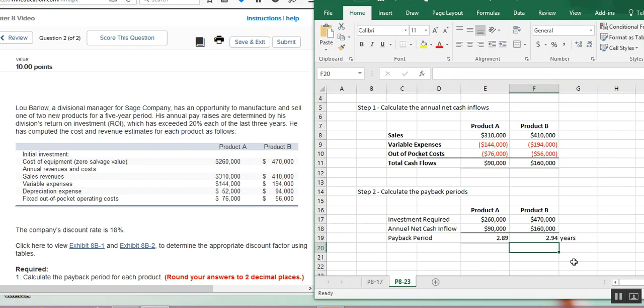So it's going to take almost 3 years in either case for us to recover our initial investment. It's actually going to take us a little bit longer for product B than product A, with the investment required being higher. Also, the annual net cash inflow was higher, but not high enough to cause that one to have a quicker payback period.